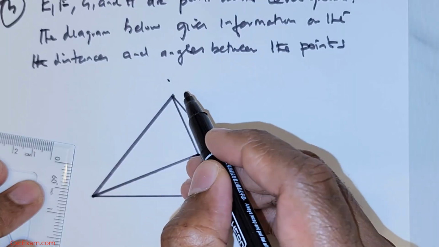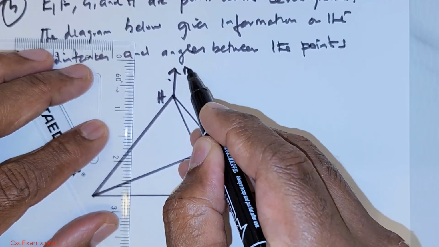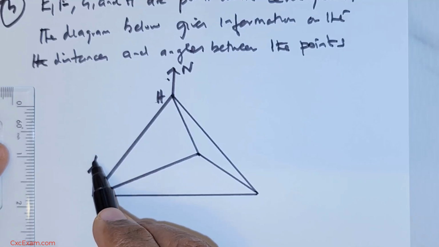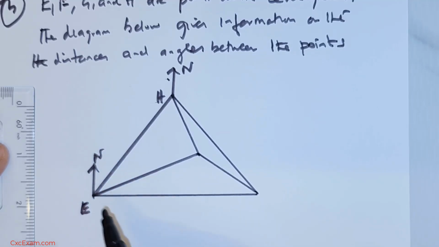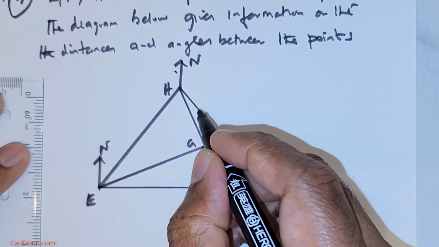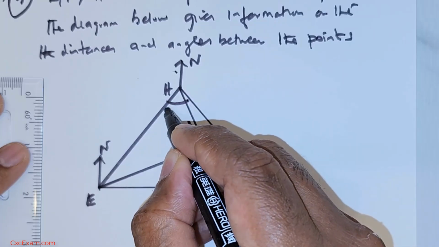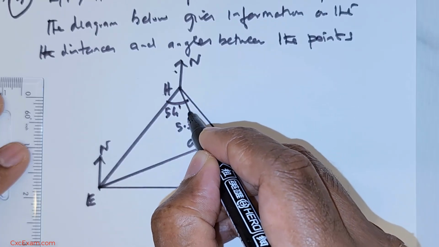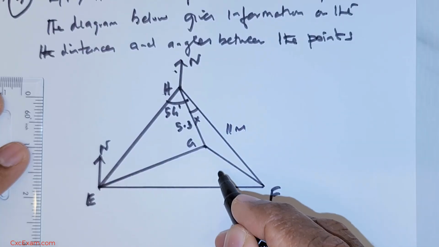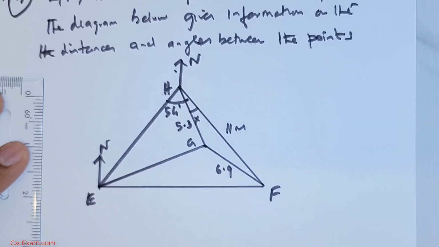This is H. You have north. This is north. This is E. This is F. This is G. This is 5.3. This is 54 degrees. We are given this as X. This is 11, 6.10, all in meters, 11 meters, 6.9 meters, and so on.